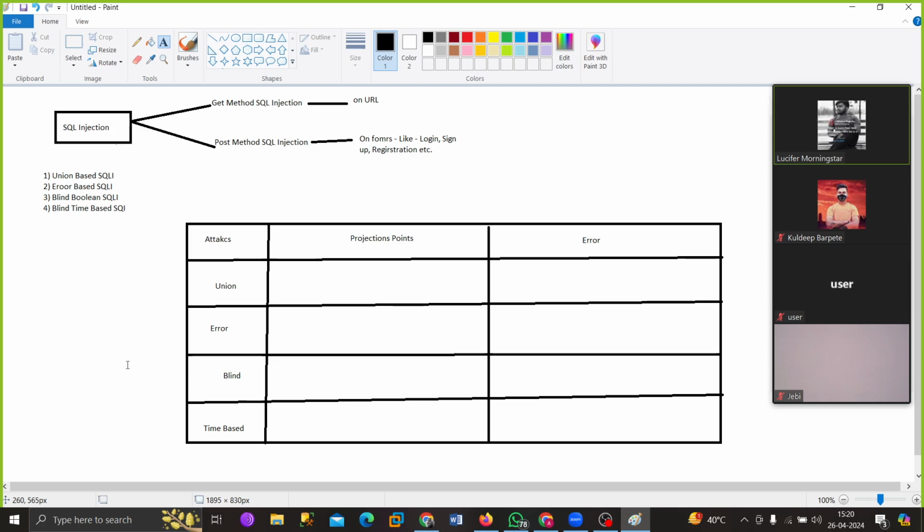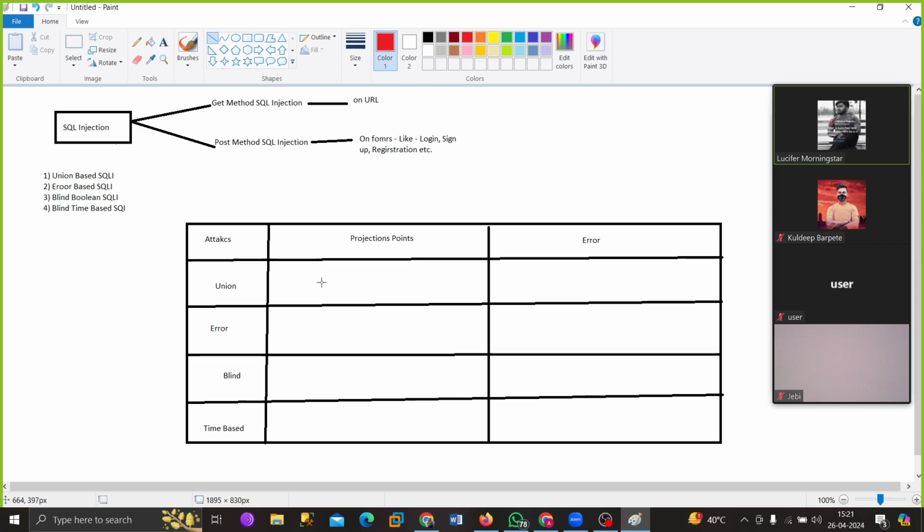Is there any answer? That's a very basic question, because you should know why you are performing this attack and not that attack, what's the reason behind it. So there's an answer, which I'm going to tell you.